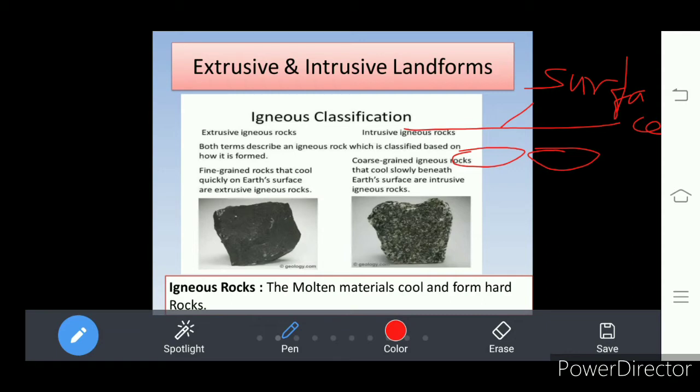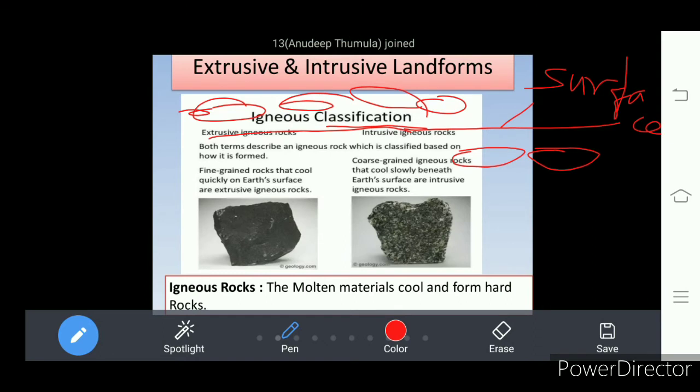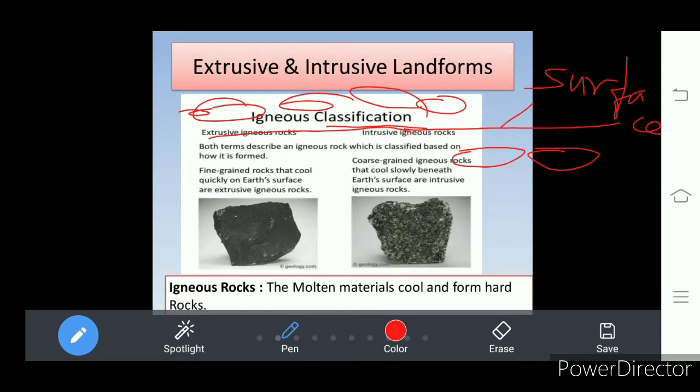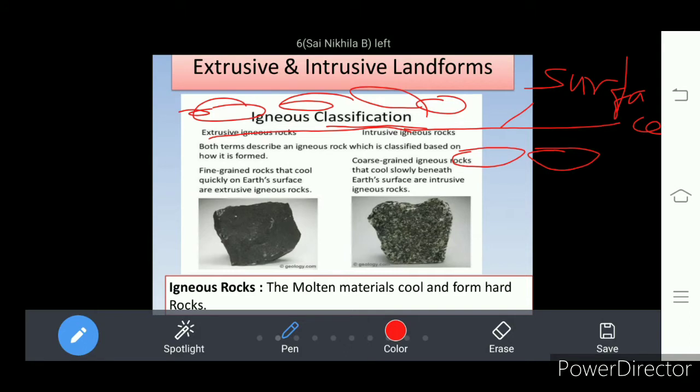And some landforms are formed above the earth surface, on the surface of the earth, and these are called extrusive landforms.